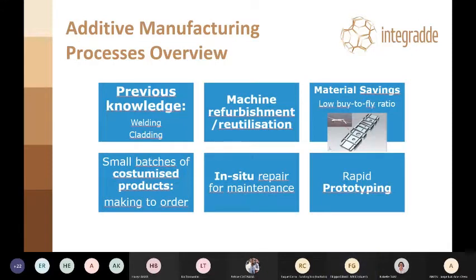You can also produce small batches of customized products, made to order.